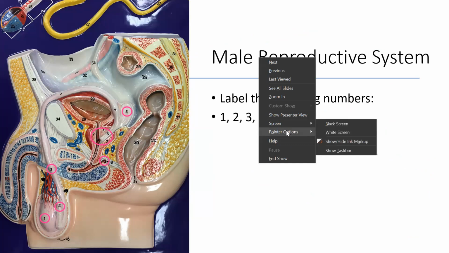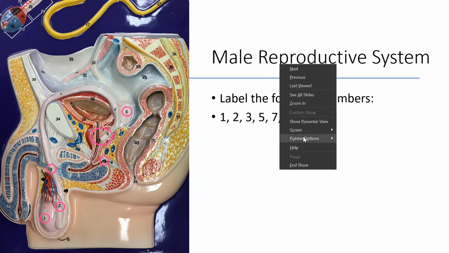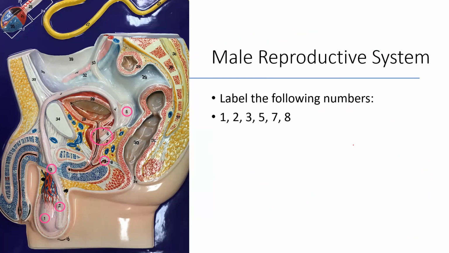That's fine. Moving on. We have the male reproductive system. Let's take a look at what we have. Number one is the testicle, or testis.